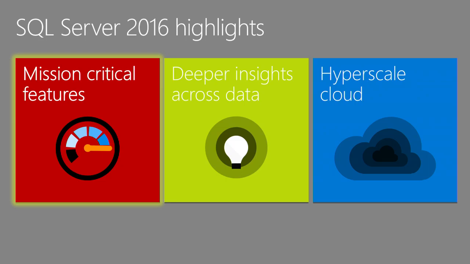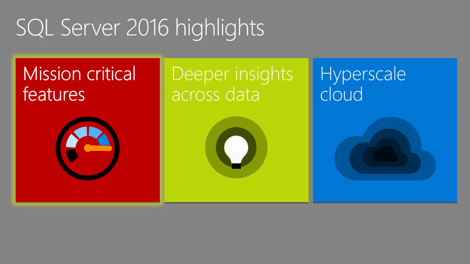Today we're talking about mission-critical features, which is not just to do with performance, but performance, security and high availability are key aspects of that. All of those things really are mission-critical features, so they all play together in keeping your critical services up, performant and available.